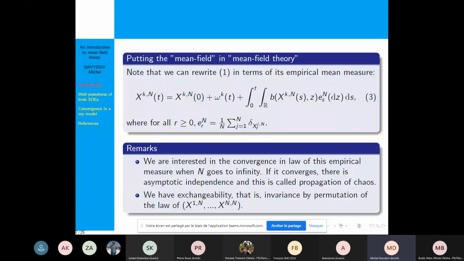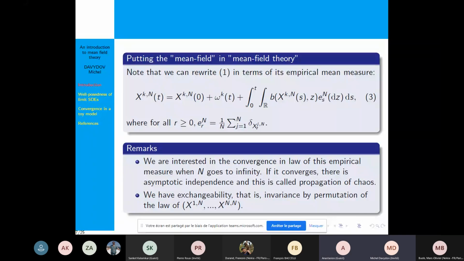That is, if you make a permutation of all your particles, you still get the same law. This is another reason why mean field models are attractive: the models themselves have this inherent symmetry, what we call exchangeability, that simplifies a lot of the calculations, and this is one of the main arguments for studying mean field models. Of course, the downside is that if your initial model is extremely non-symmetrical, the mean field model is not going to give you a lot of information about your initial model. Hope this is clear.